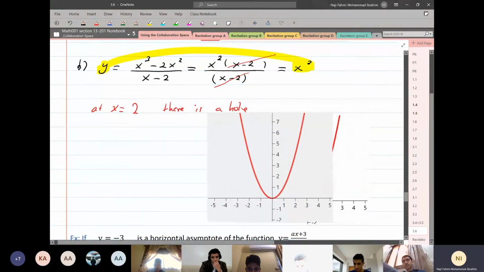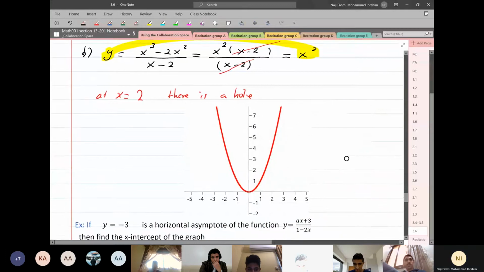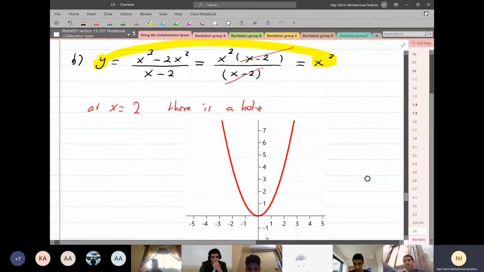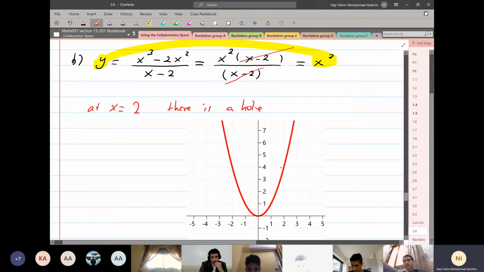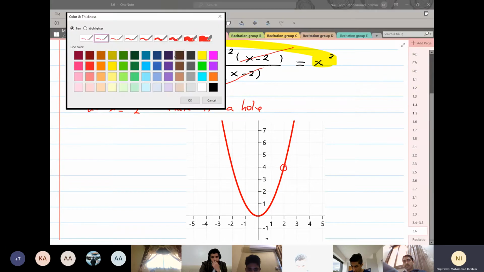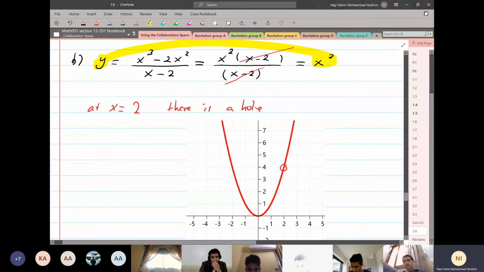And again, where should I draw the hole? At x equals 2, and the value of y here is what? 4, approaching 4. So I would say at (2, 4), there is a hole. And of course, I will just remove the curve from 4 here.